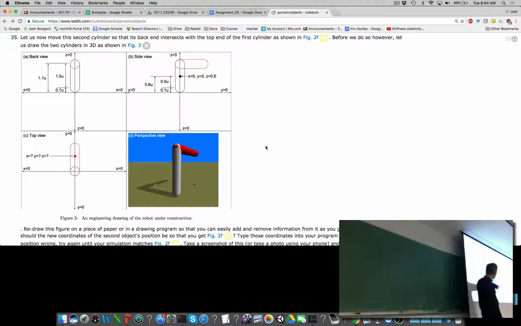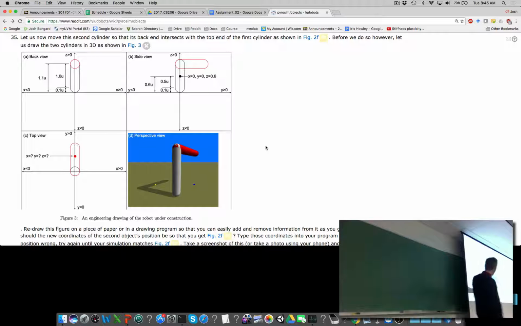And I just pasted a perspective view here for you so you can see what's going on. I highly suggest that when you make your own engineering drawing in this assignment that you do it in paper and pencil, because you're going to be adding and removing and changing a lot of things to this drawing over the next few assignments. If you want to do your engineering drawing on the computer, that's fine too. Just make sure that you can easily add, remove, and modify elements as you go.